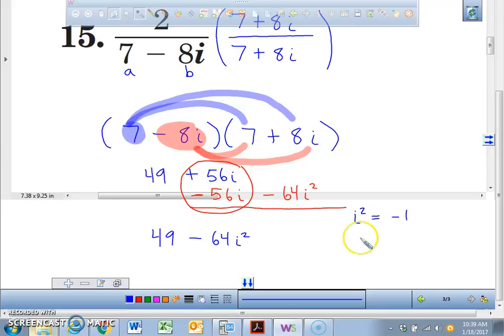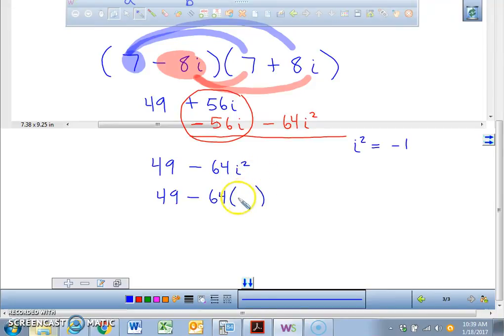But wait, what is i squared always equal to? Negative 1. So look what happens when I have 49 and I take away 64 and replace the i squared with a negative 1. It becomes 49, not minus 64, but plus 64, which gets you to 113.